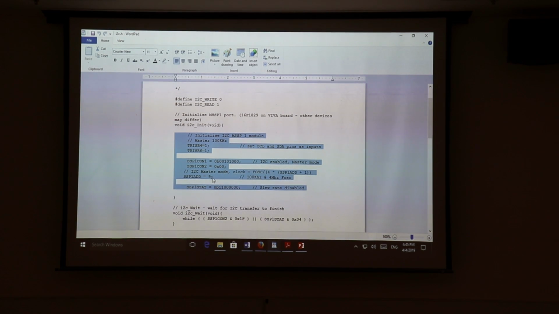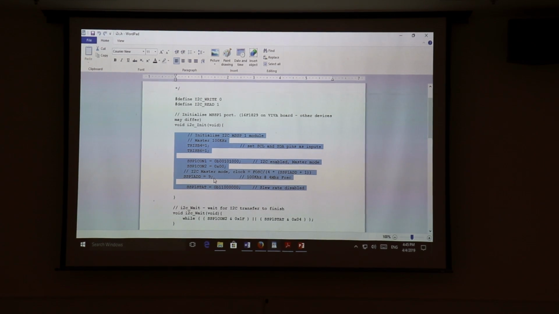We don't really need that because as long as we're operating in master mode, we don't have to assign an address to our master. But we set that so that it's at the 100 kilohertz rate, and then our slew rate, we set that in our stat. We disable the slew rate and do some other things.